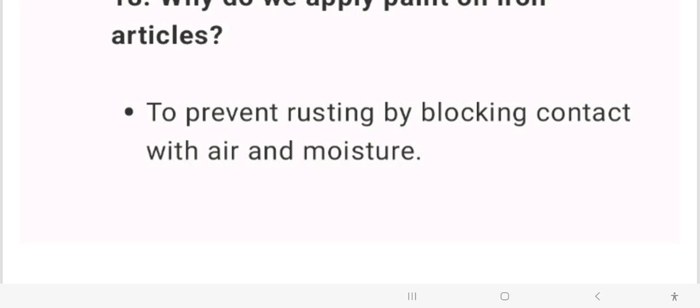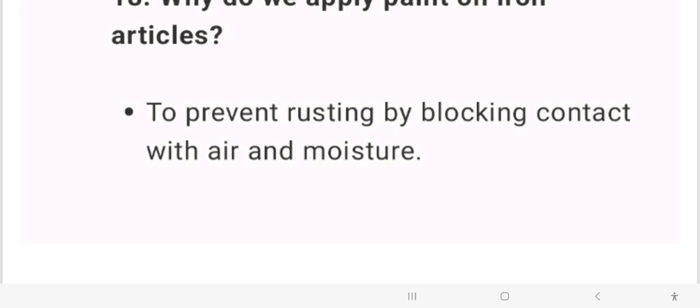So this is nothing but the formation of rust. This spoils the material that is made of iron, and it applies to other materials also, but this problem is major in the case of iron. So you have to be very careful to prevent the formation of rust.